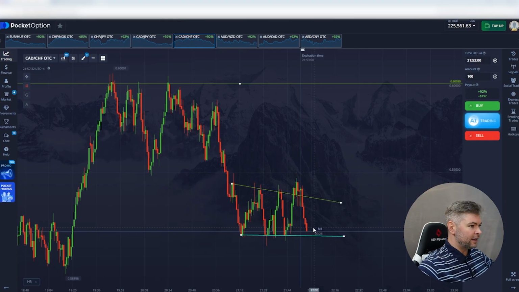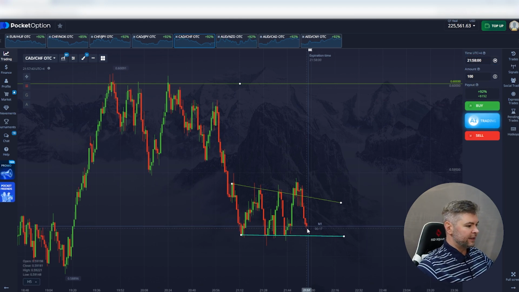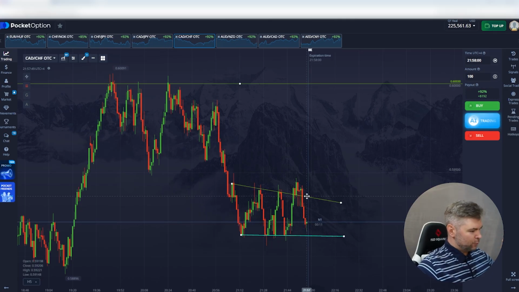So right now we got a relatively good, actually, let's set up. I like to set up expirations at the end of the minute, right? So in 20 seconds from now, this candle is going to close, and on the following candle, we'll be able to open the position and we'll see. But we do have a relatively decent down force right here with the relatively big candles going down.